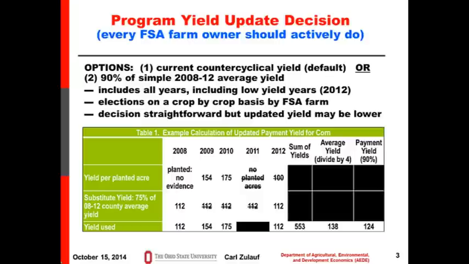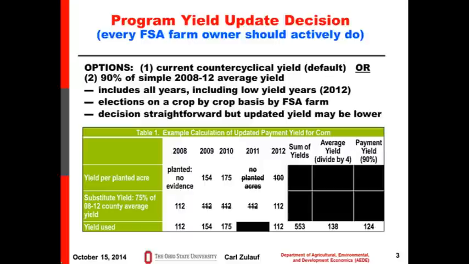This is a crop that was planted in 2008, but there is no evidence for that particular year. And so that year will have what's called a substitute yield that is used for it, and the substitute yield is 75% of the 2008 through 2012 county average yield.